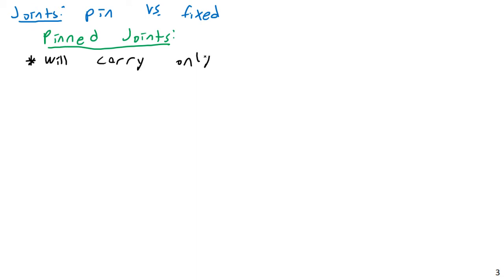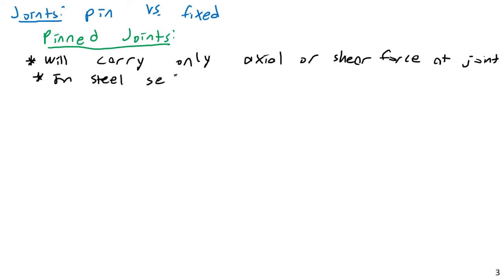So I want to relate this back, not just to X and Y reactions, but to the internal forces that we've seen previously. So a pin joint will carry only axial or shear force at the joint. In steel members, in steel sections, formed by connecting only the web.